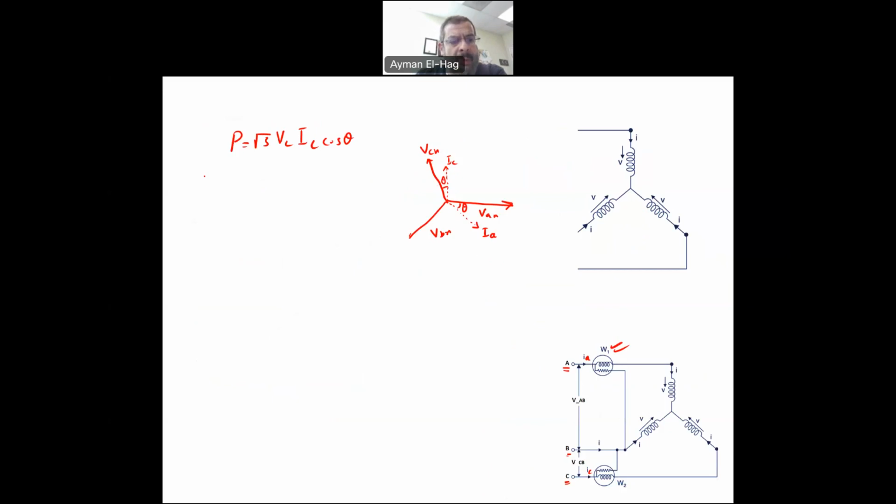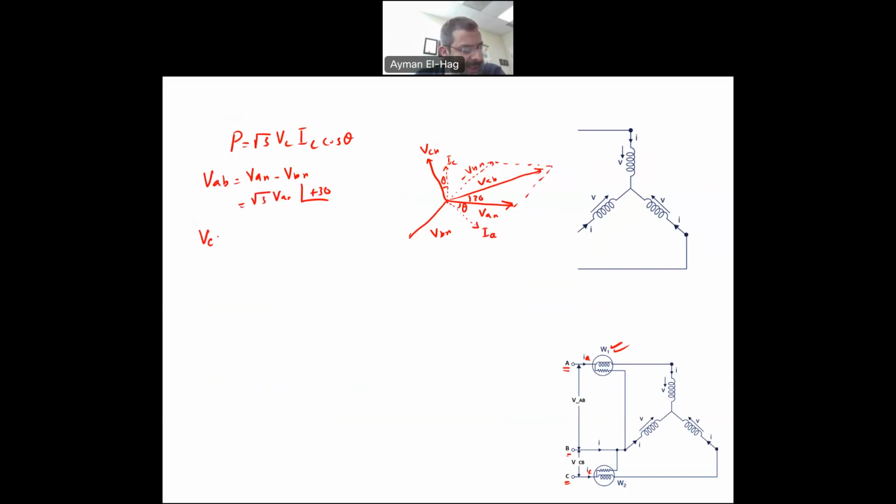Now we want to find VAB. We know it is nothing but VAN minus VBN. So this is minus VBN. If I add them together, you will get my VAB, and my VAB will be at 30 degrees, as we know: VAB is equal to root 3 VAN at plus 30. Now, let's find VCB.